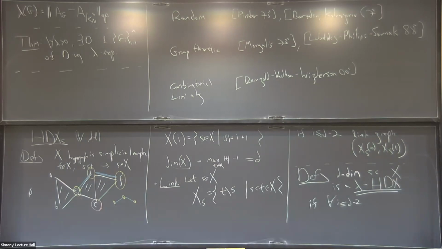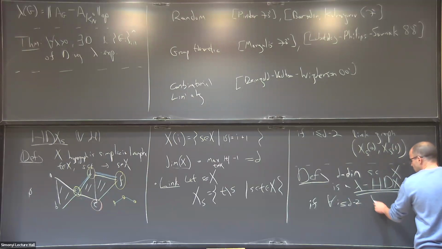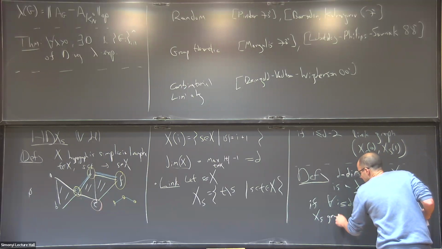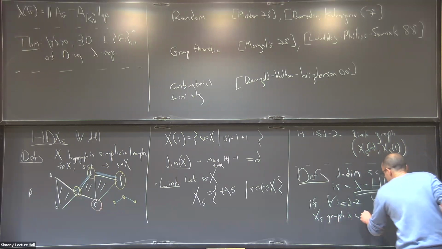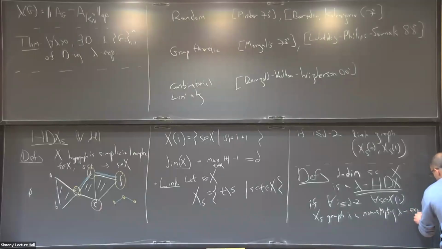Great. So a D-dimensional simplicial complex is a lambda HDX if, ignoring all these numbers, whenever I can define a link graph, this graph is an expander. So if for every I less than or equal to D minus 2 and S inside of X_I, the link graph is a non-empty lambda expander.